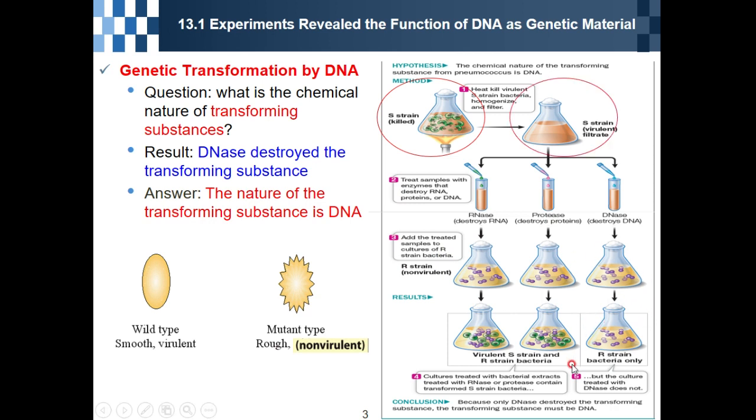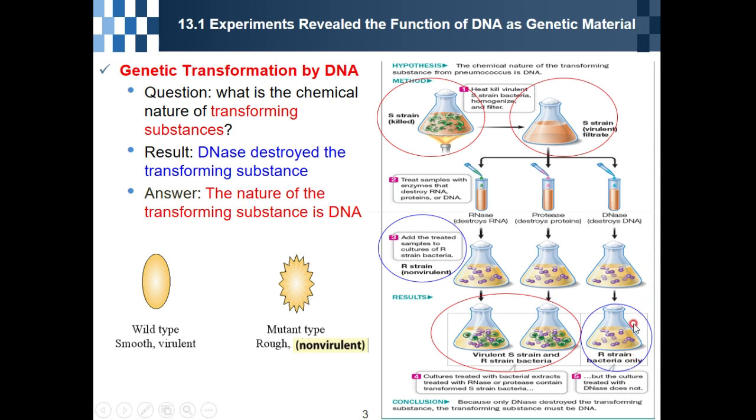After that, they found that in this group, virulent S strain and R strain were mixed with each other. However, in the final group, they only have the R strain. They don't have the S strain.